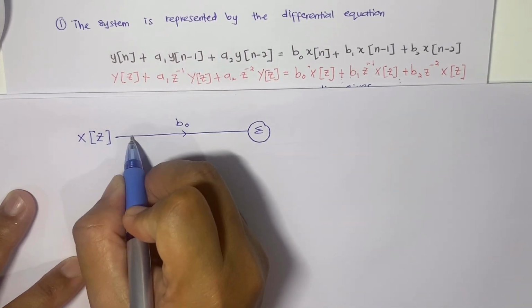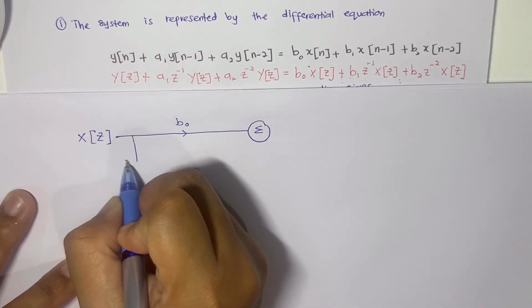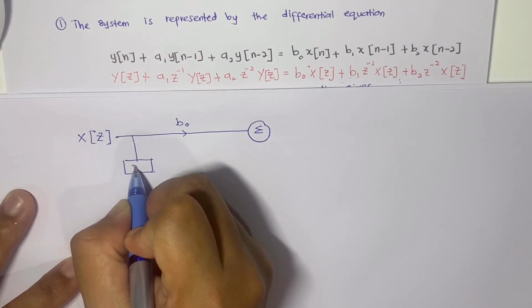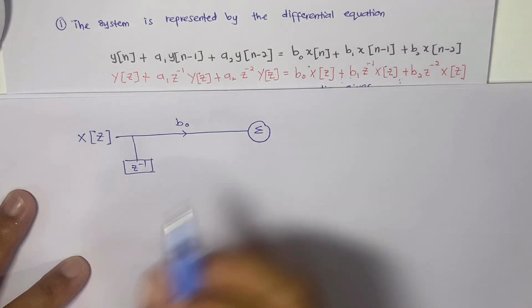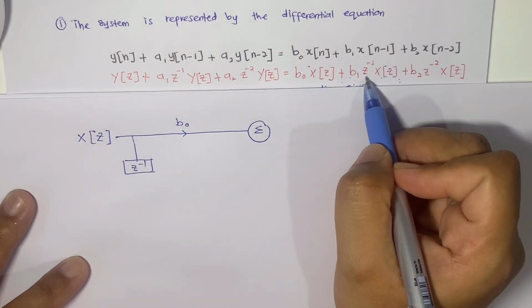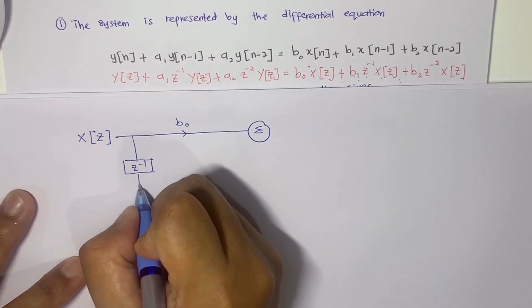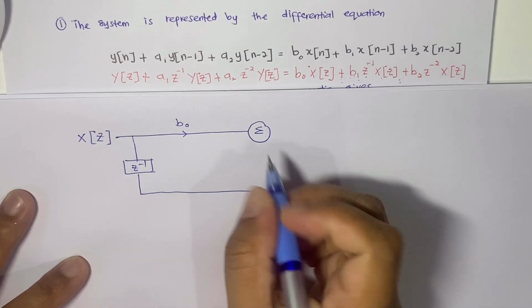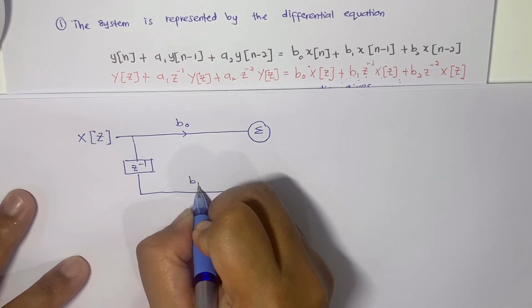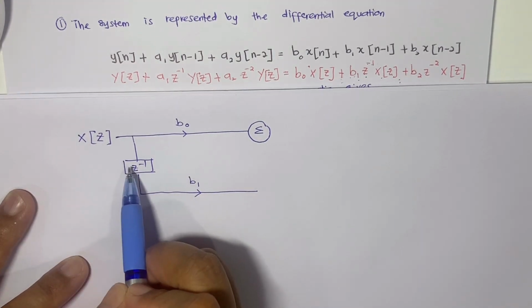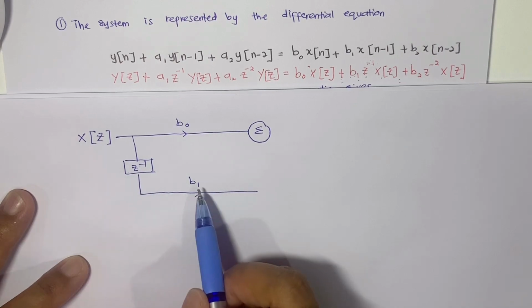So X(z) multiplied with z^-1, and then b1. X(z) multiplied by z^-1 multiplied with b1.